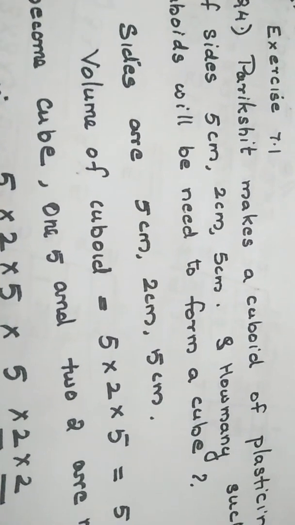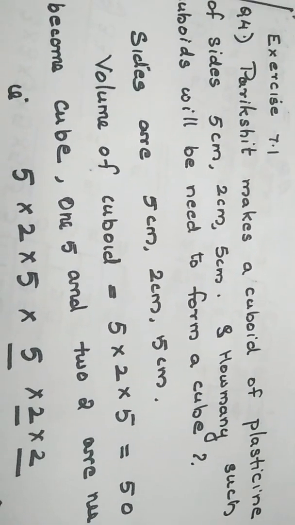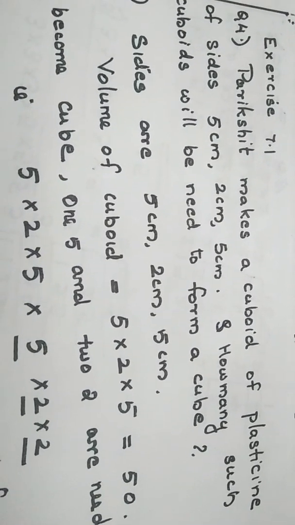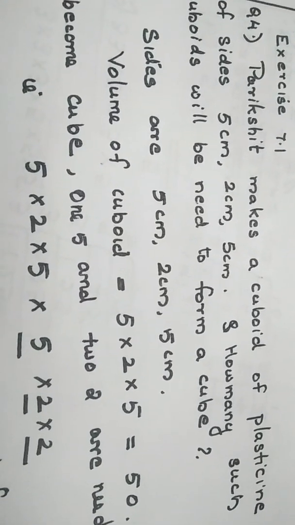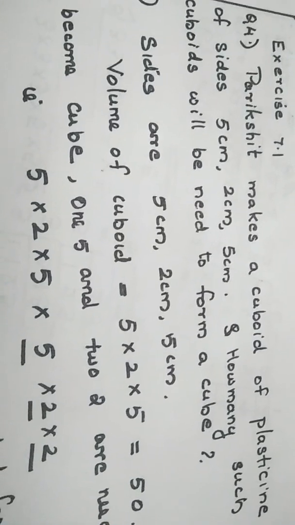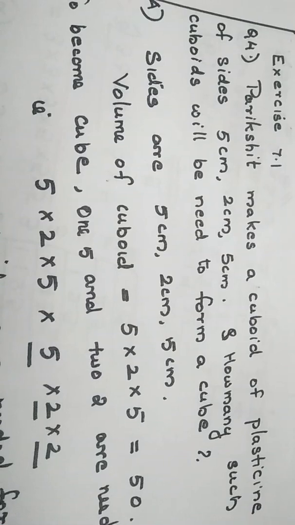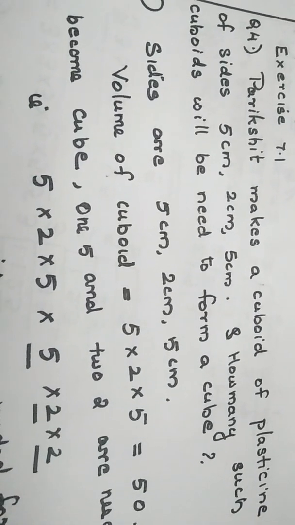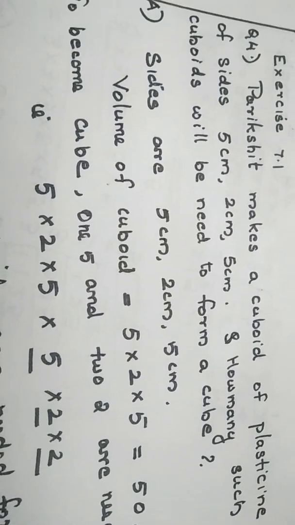Children, here we do the problems from exercise 7.1. Last question. Parishit makes a cuboid of plasticine of sides 5 cm, 2 cm, 5 cm. How many such cuboids will be needed to form a cube?